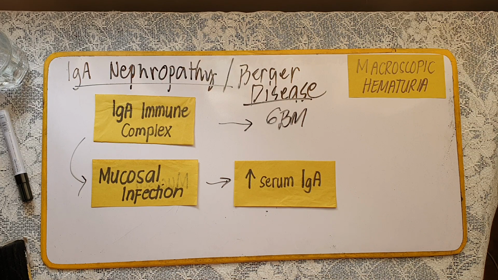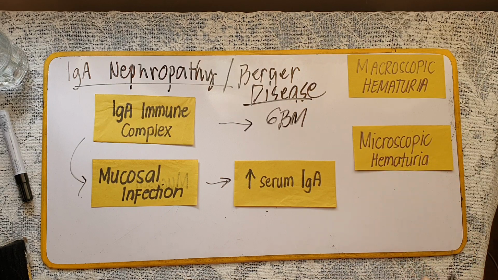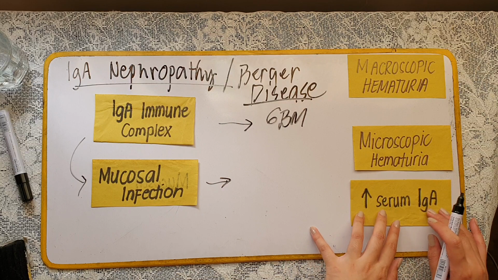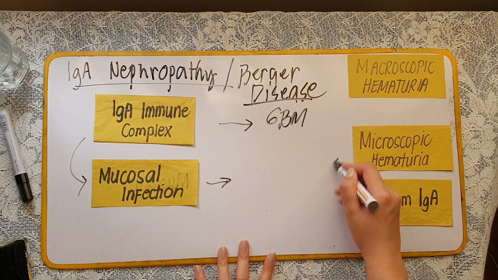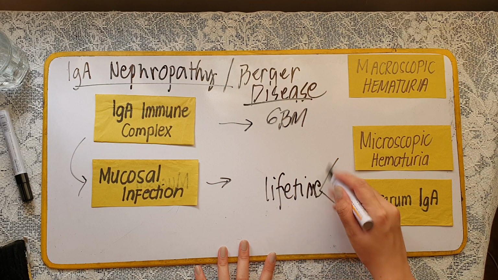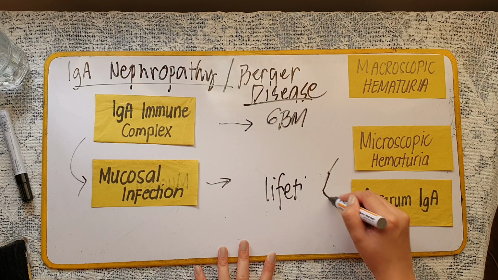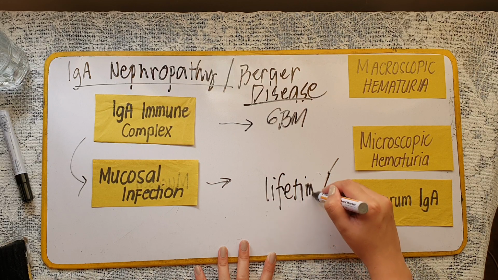Recovery from these symptoms is spontaneous. However, asymptomatic microscopic hematuria and an elevated serum IgA level may remain for a lifetime. So it may not go away in a patient who suffered from IgA nephropathy.